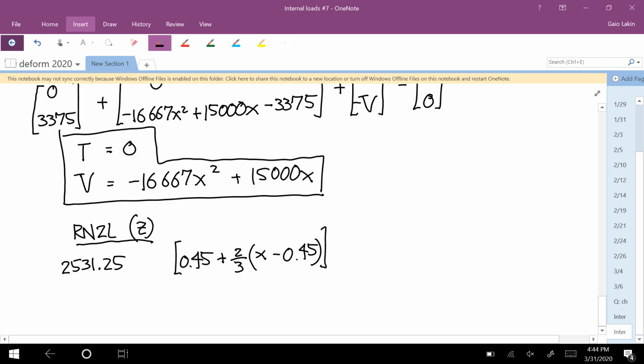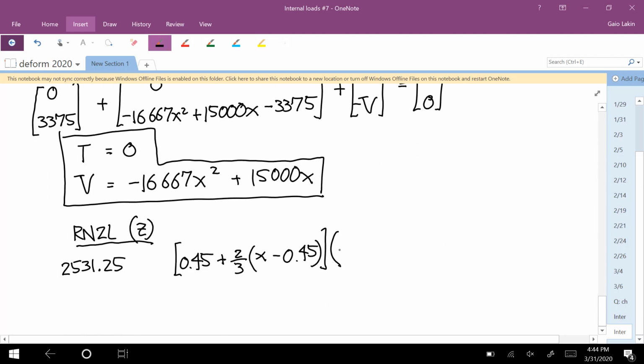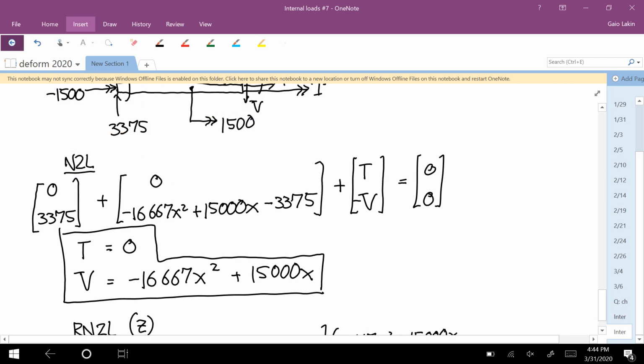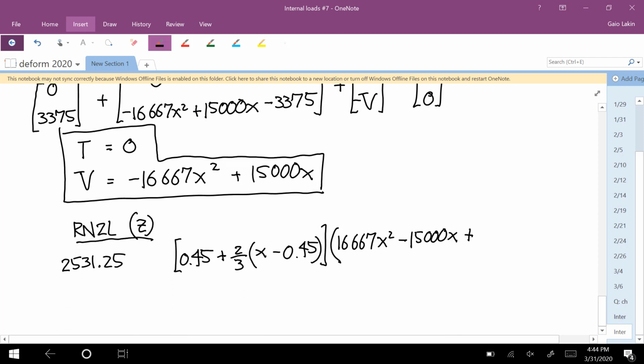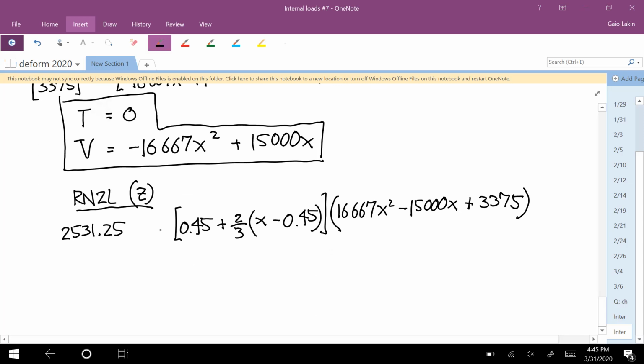That's the moment arm, and it's multiplied by this force, 16,667 x squared minus 15,000 x plus 3375. And now we have to think about the direction. A downward force there would make it rotate clockwise, so this is minus. And then we have our usual plus M minus Vx is equal to 0.